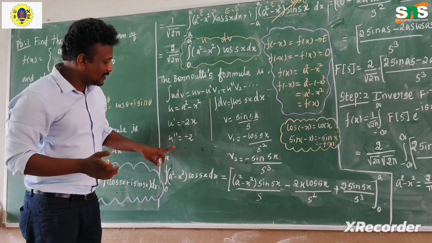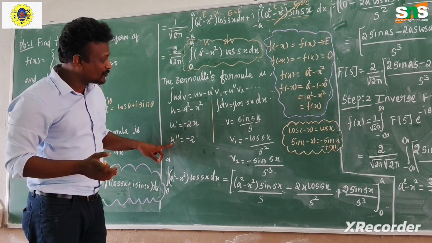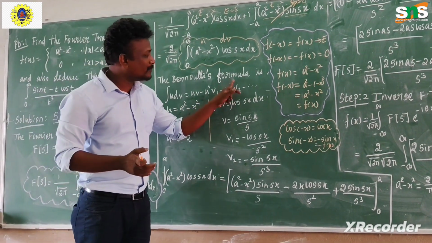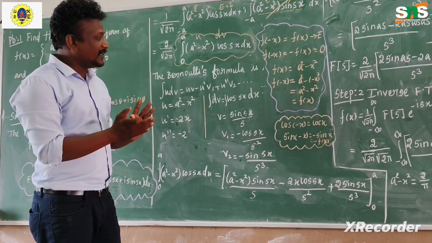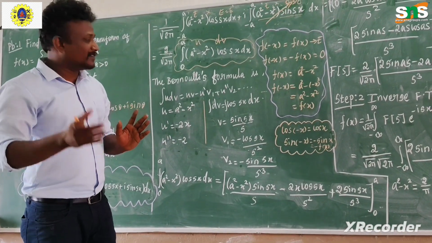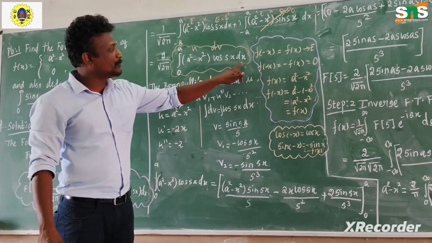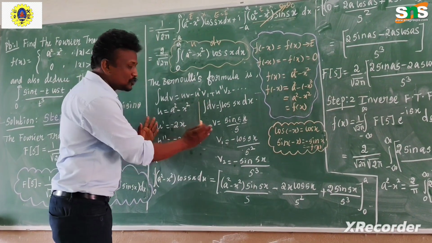So in Bernoulli's formula, let's come to find the successive derivatives pair. So here u double dash is the successive derivative. The pair of u double dash is v2, which means we have to find till v2 in the v series, right? So the v series is nothing but, first you have to choose u. The rest of the part has to be treated as dv. So you just divide this into two parts.